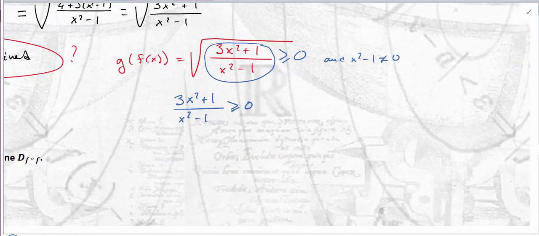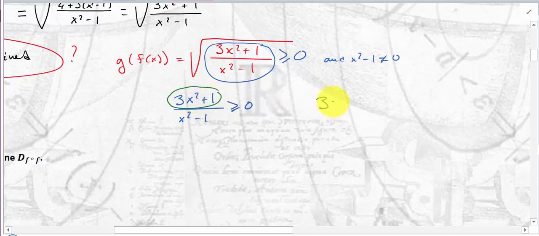And I would like you to see these kind of things. Look at the numerator. If you look at the numerator, it's 3x squared plus 1. Okay? What is the lowest value of 3x squared? 0, right? The lowest value of x squared is 0, so if you multiply by 3, it's 0.